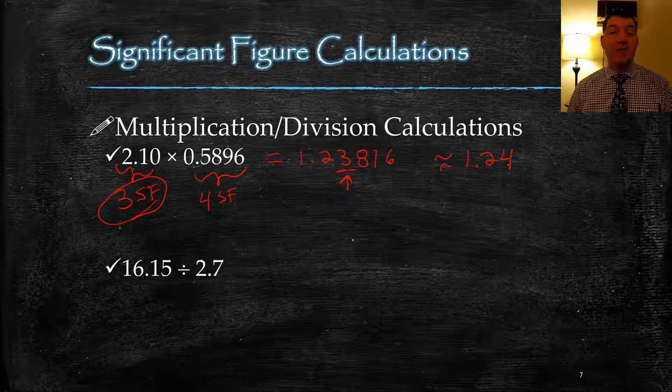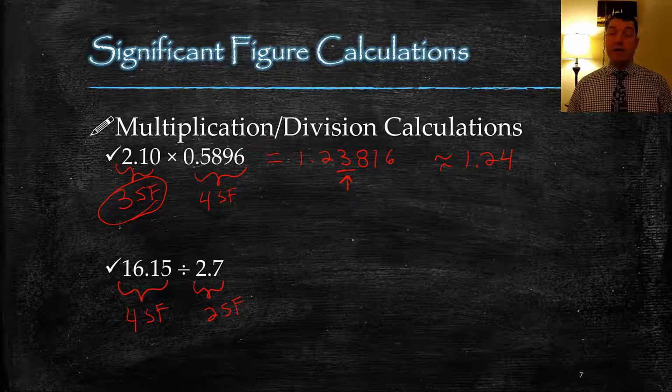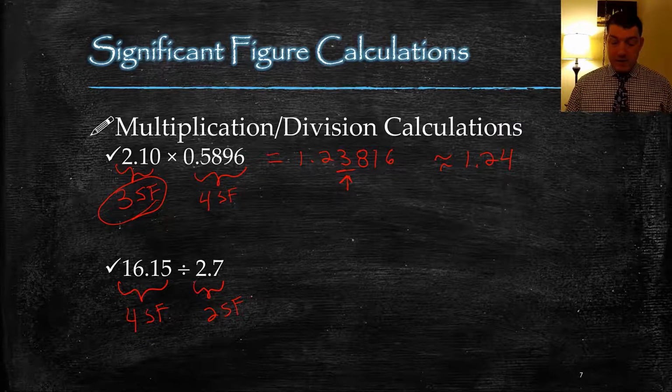The same exact rule applies for division. The only difference is instead of multiplying, we divide. So when we look at 16.15, we see that there are 4 significant figures. 2.7, we see 2 significant figures. 2 is less than 4, so our answer needs to be rounded to the second significant figure.